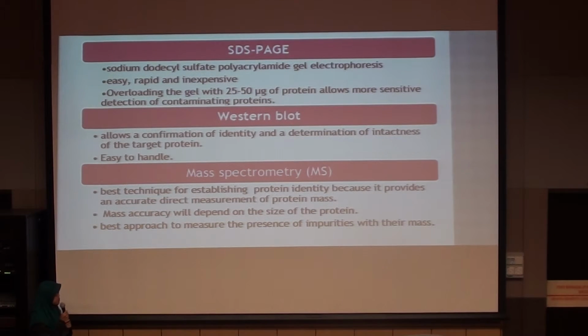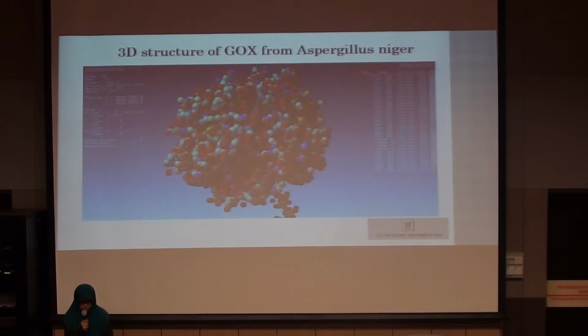We also use the Western blot to identify and determine the intactness of the target protein, which is easy to handle. And last but not least, mass spectrometry is the best technique to establish protein identity and to measure the presence of impurities with their mass.